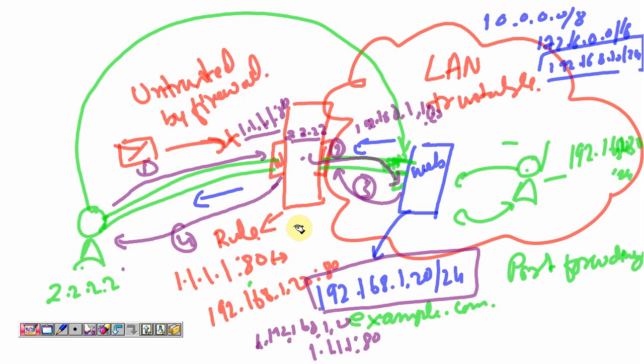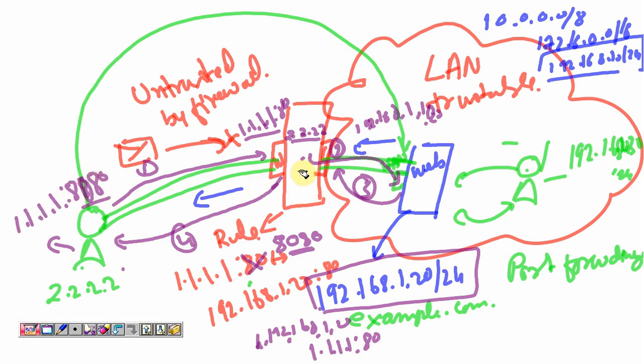Now, sometimes you can make it harder for hackers to guess what port the request is sent to on the WAN interface of the firewall by customizing this port to any other port, since these are the standard ports. For example, if I give port 8080 here, my end user should know that to access the web server, he needs to send the request to 1.1.1.1 colon port 8080.